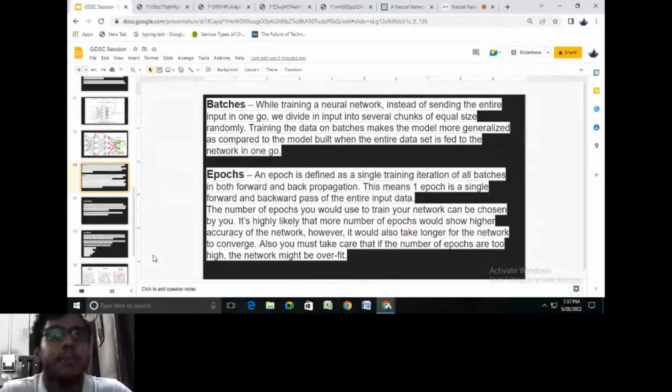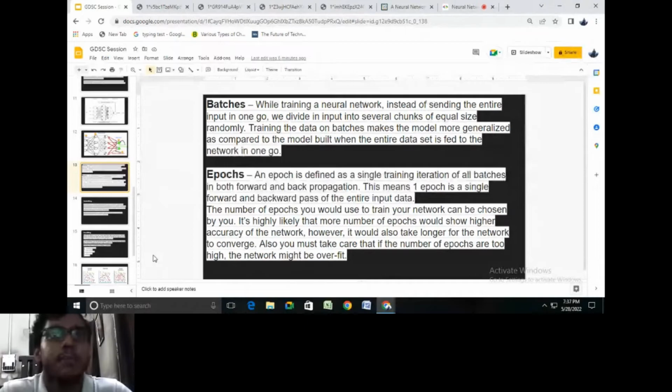The number of epochs that we would use to train our network can be chosen by us, of course. It's highly likely that the more epochs, the higher the accuracy of the network. However, it can also take longer for the network to converge depending on the complexity of the model itself.